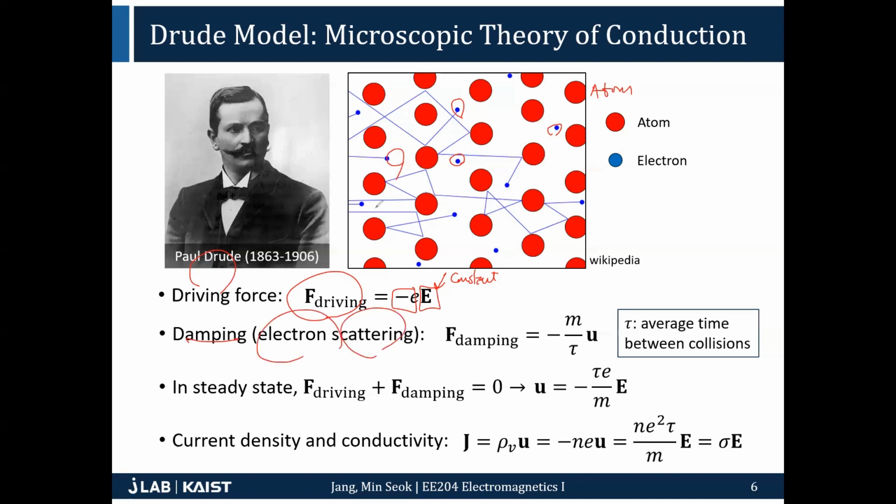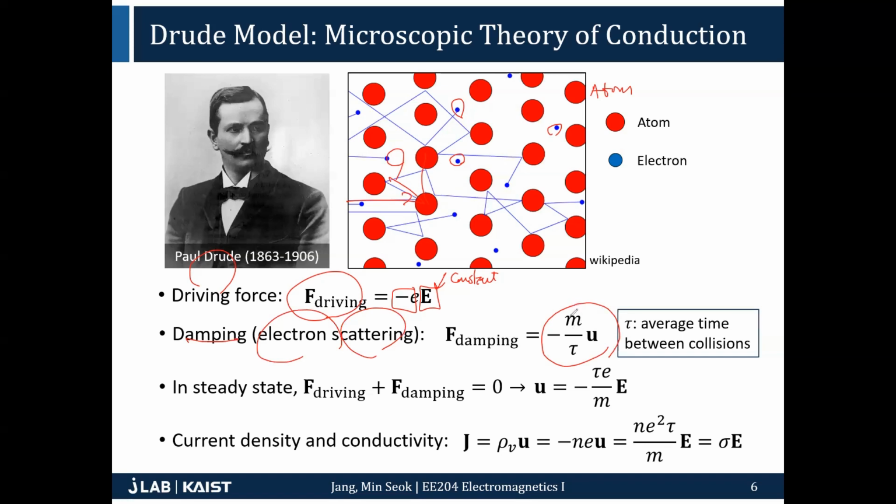He thought this is due to scattering, either by atoms or other impurities. Electrons don't go forever, but are scattered. So they lose momentum when scattered, right? And then he modeled this damping mechanism as 1 over tau.